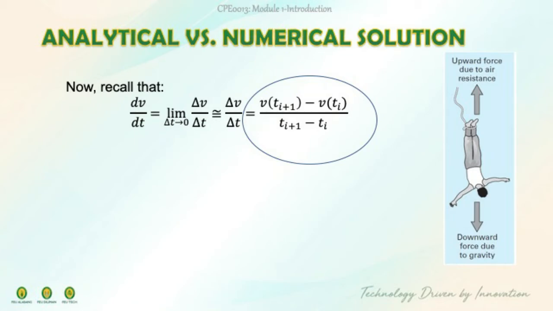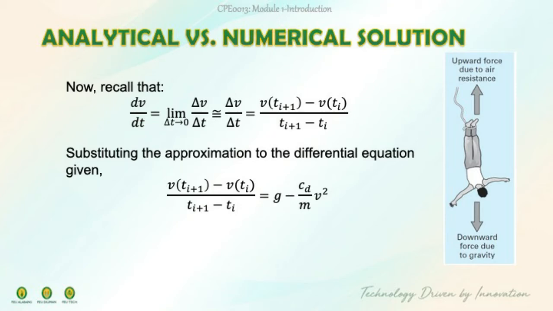It can be substituted to give v(t_i+1) minus v(t_i) all over t_i+1 minus t_i equals g minus (c_d/m) multiplied by v(t_i) quantity squared.